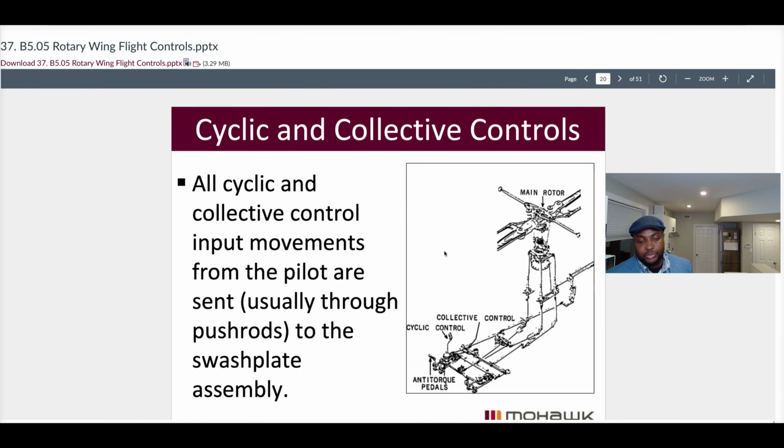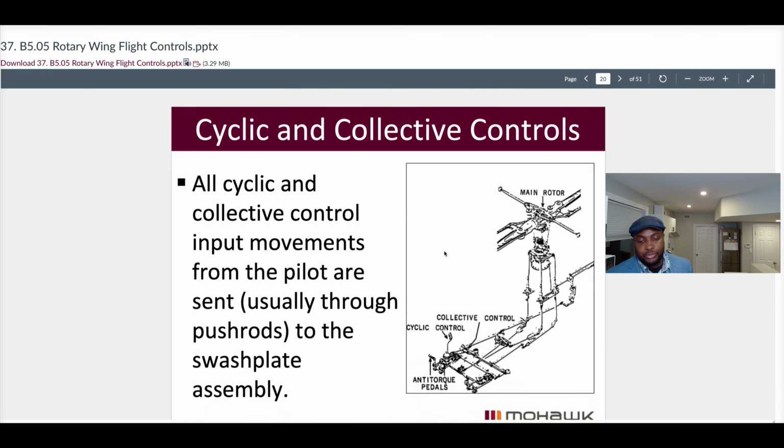See if we can demonstrate that here. Right here we have the bottom swash plate and the top swash plate. The bottom swash plate can move up and down, and its movement is inherited by the top swash plate, as you can see here. The bottom swash plate does everything but rotate.